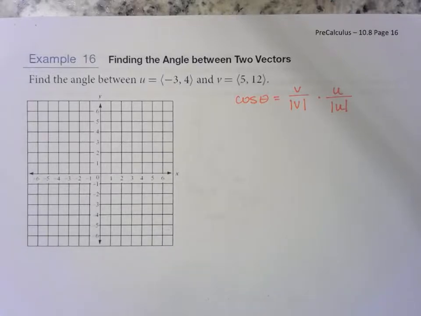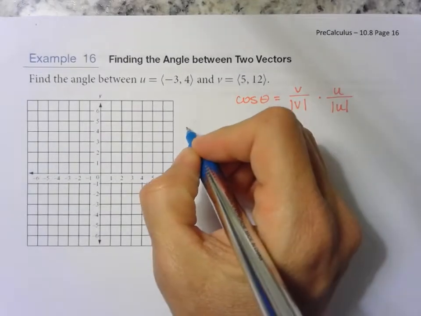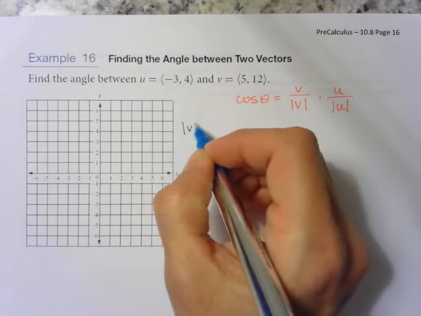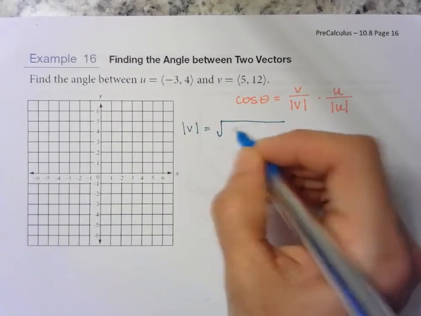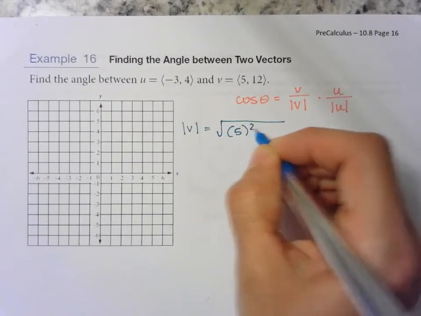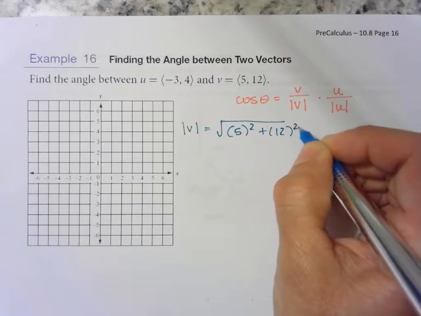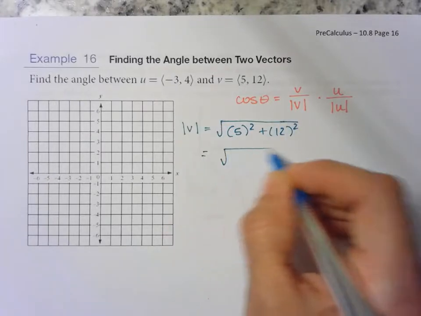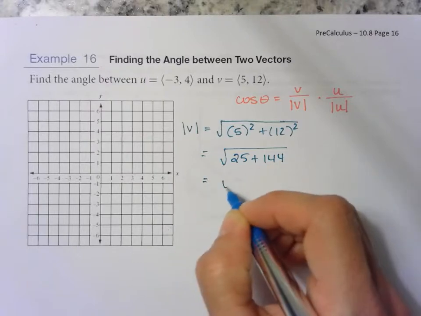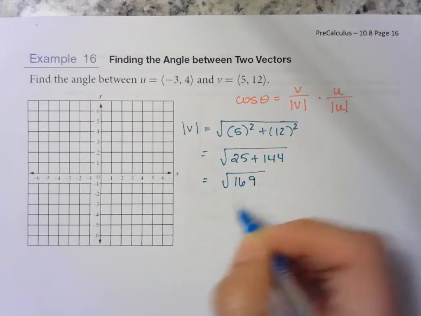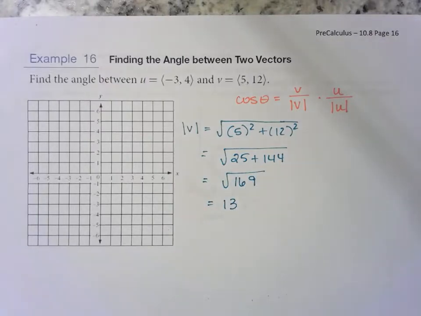So the magnitude of v is the square root of 5 squared plus 12 squared, 25 plus 144, square root of 169, which is 13.